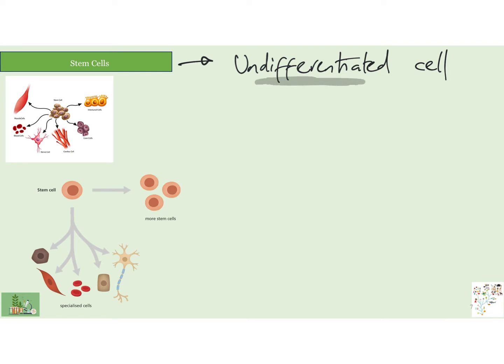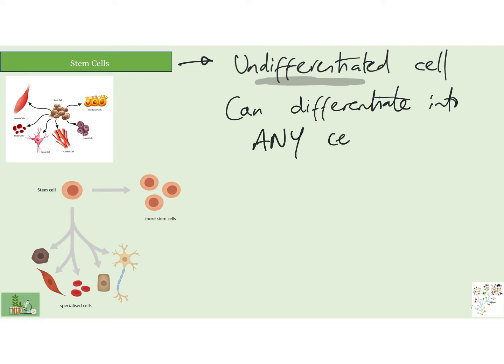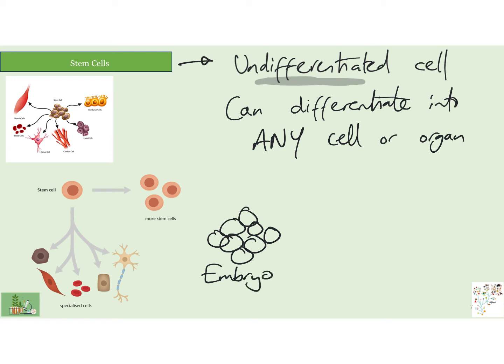So it's an undifferentiated cell that can differentiate into any cell or organ. So again, in that embryonic stage, embryos are an example of a stem cell. In the embryonic stage, these embryos are undifferentiated, which means they do not have a job.